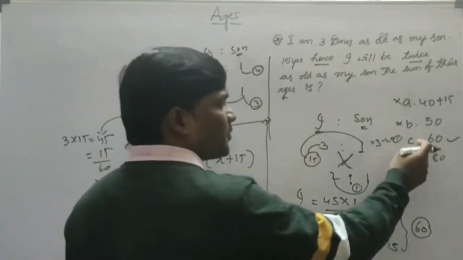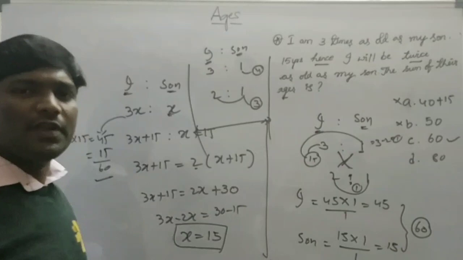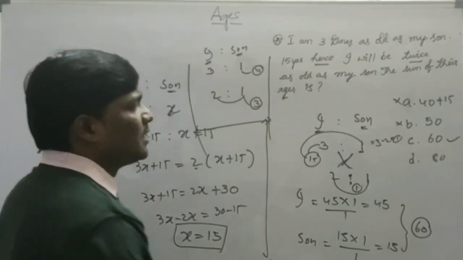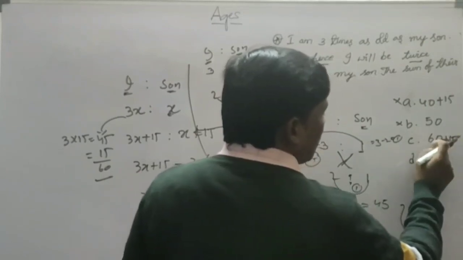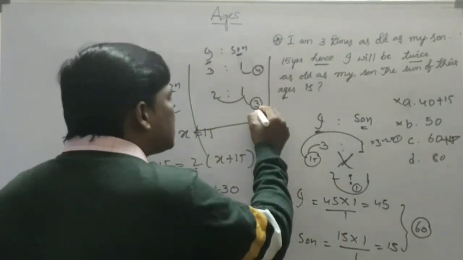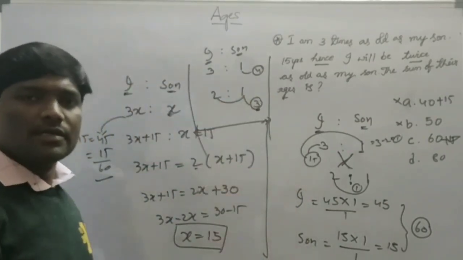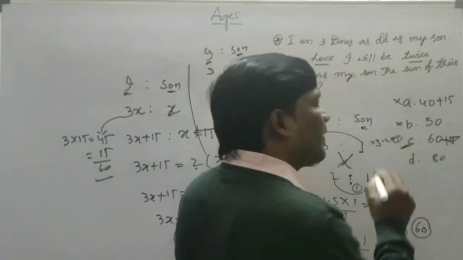Then go to the third option. So 60. 60 is a multiple of 4? Yes, 15 4s are 60. Next, after 15 years hence, 60 plus 15, 75. 75 is a multiple of 3? Yes. Then option C is the right answer.